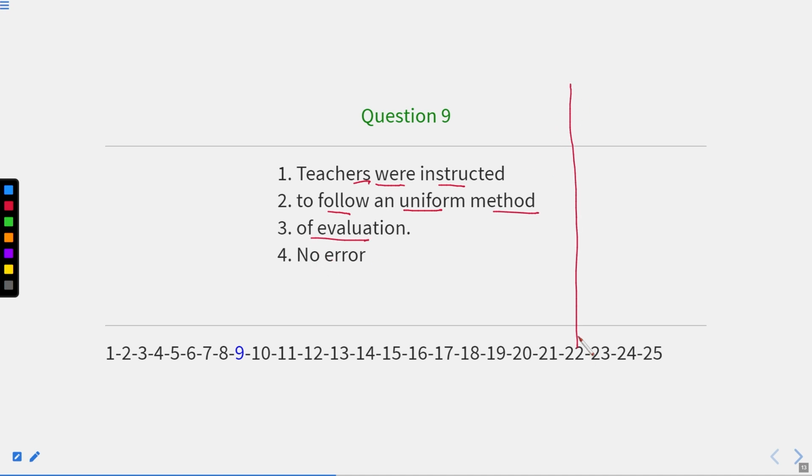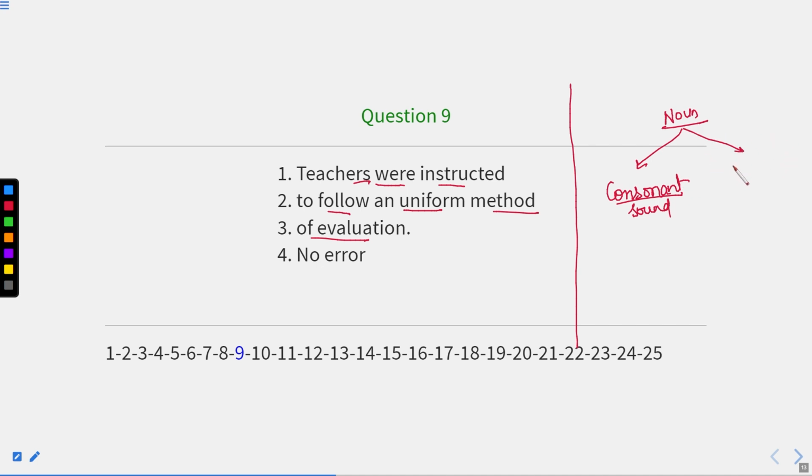Now, I have already told you that if a noun is beginning with a consonant sound, it does not mean that it is beginning with a consonant letter. No, it should have a consonant sound. It means its pronunciation should begin with a consonant, the vyanjan sound according to the Hindi Varnamala.